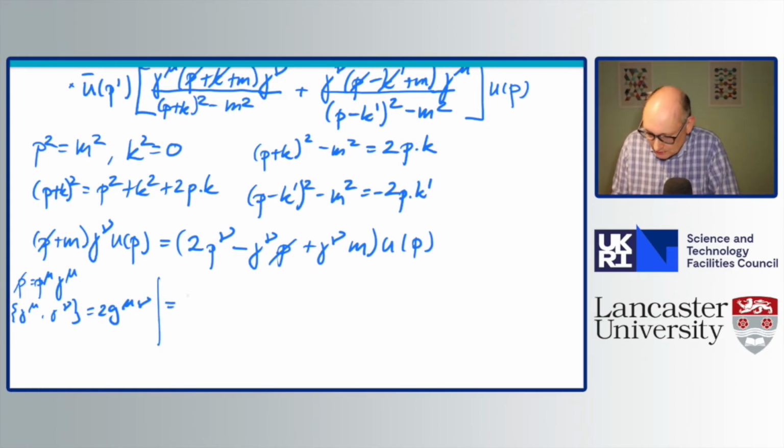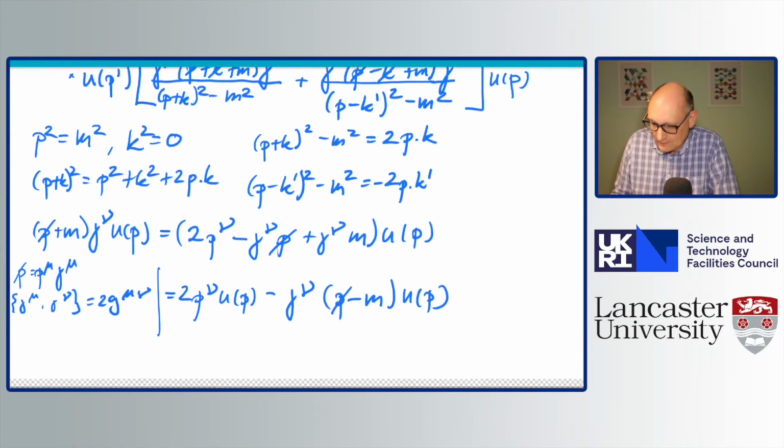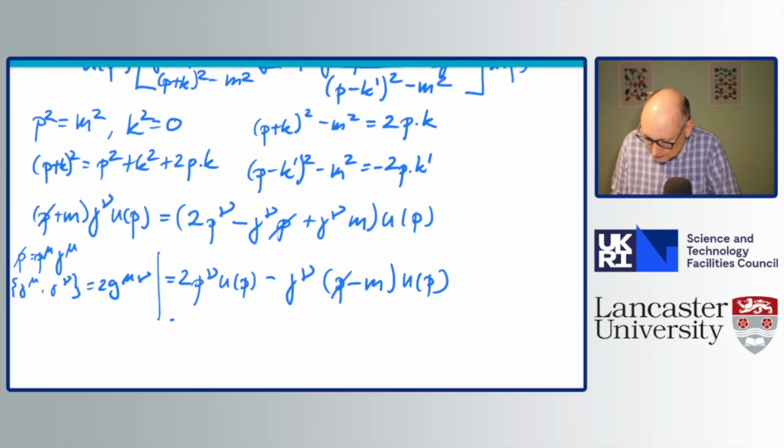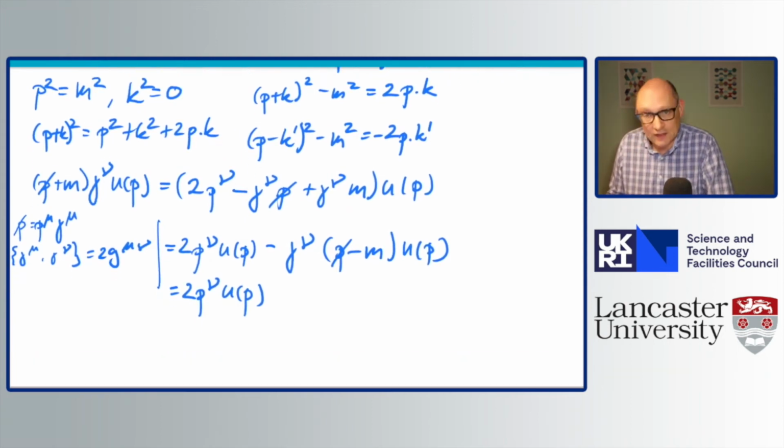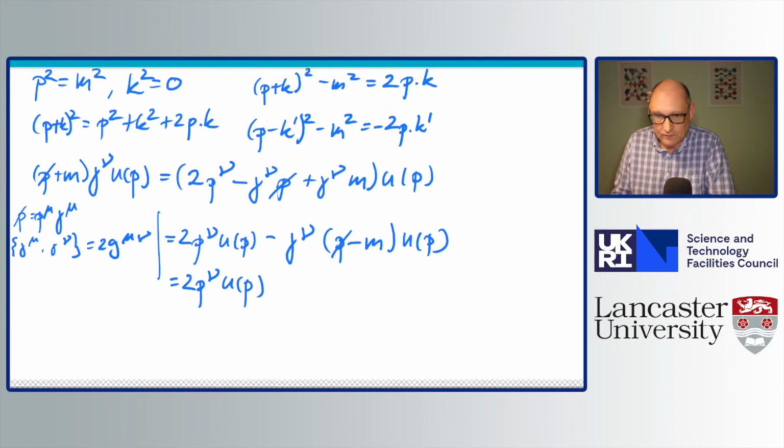So we get here, that's 2 P nu u of P minus gamma nu, and then here we have (P slash minus M) on u of P. But that's 0 by the Dirac equation, so that's 2 P nu u of P. Sorry, when I say the Dirichlet equation, I just mean the Dirac equation, and this is an on-shell spinor that satisfies the Dirac equation. Good.